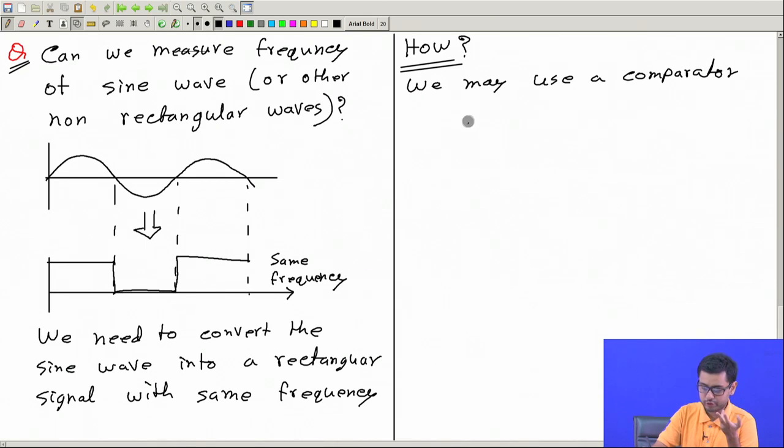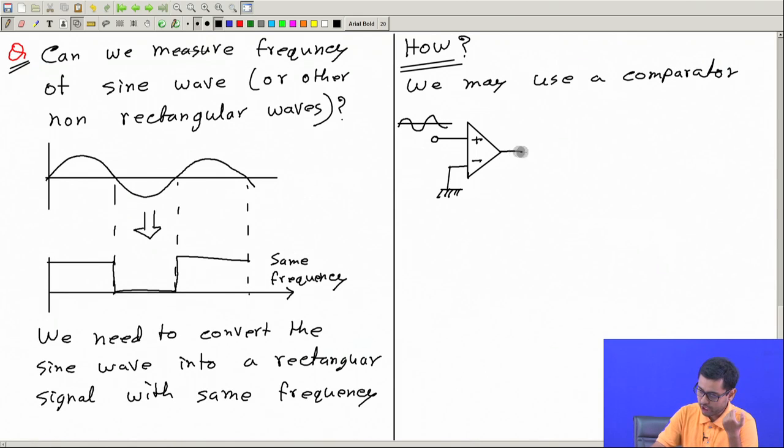What is a comparator? We have studied this. This can be an op amp like this, and it has two inputs. We can connect one input, say, to the ground. This is the inverting input, and this is the non-inverting input, and here we apply this sine wave.